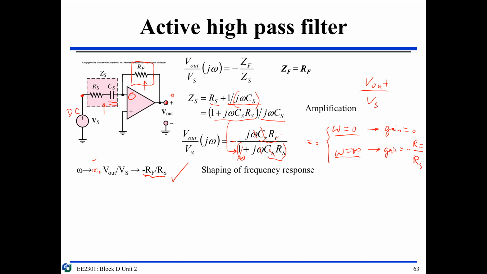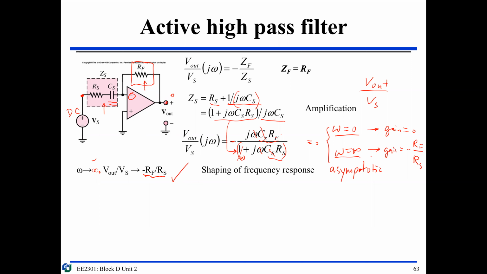This is an analysis we call asymptotic analysis, sending omega to extreme values. But what's in between?